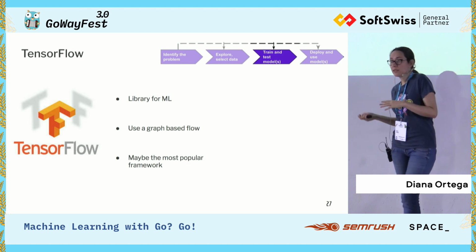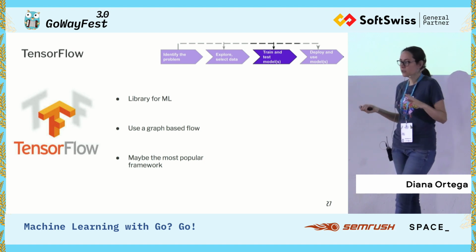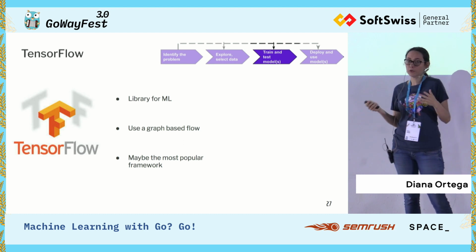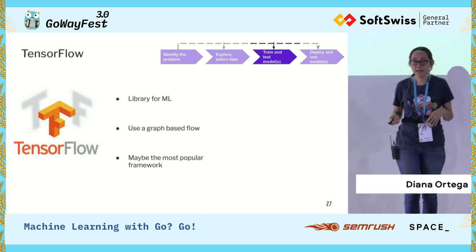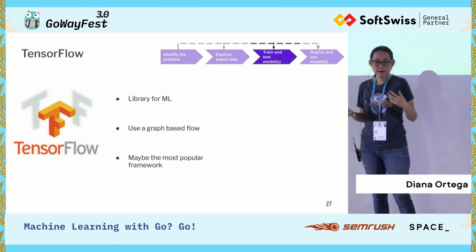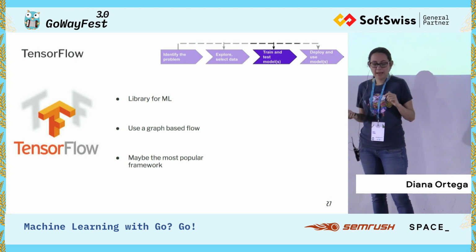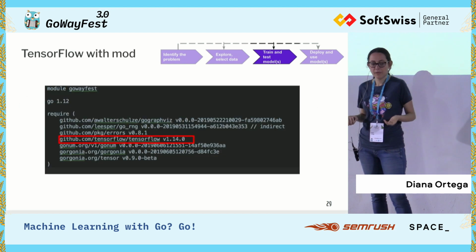As I used TensorFlow in the previous version of the project, I wanted to use TensorFlow with Go in this project. TensorFlow is a library for machine learning. It uses a graph-based flow, and maybe it's one of the most popular frameworks in the market.